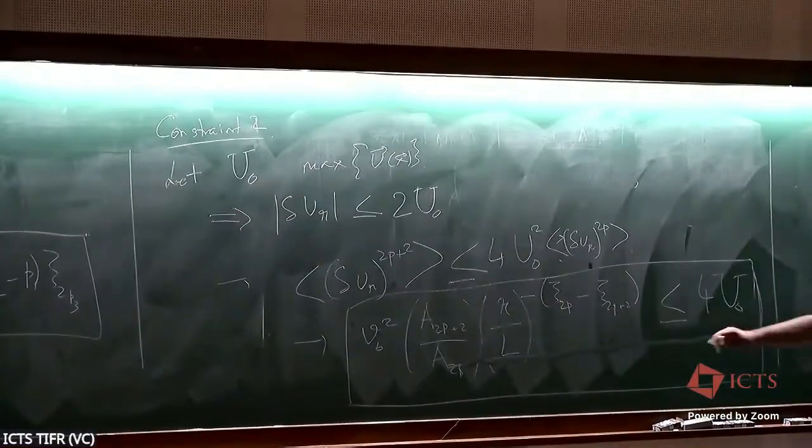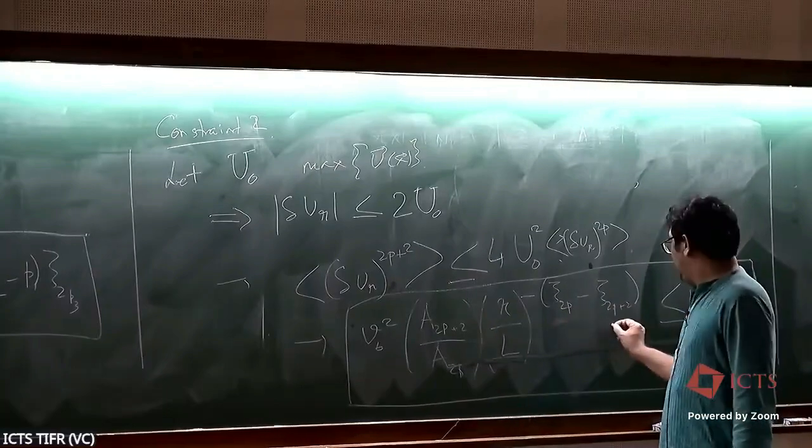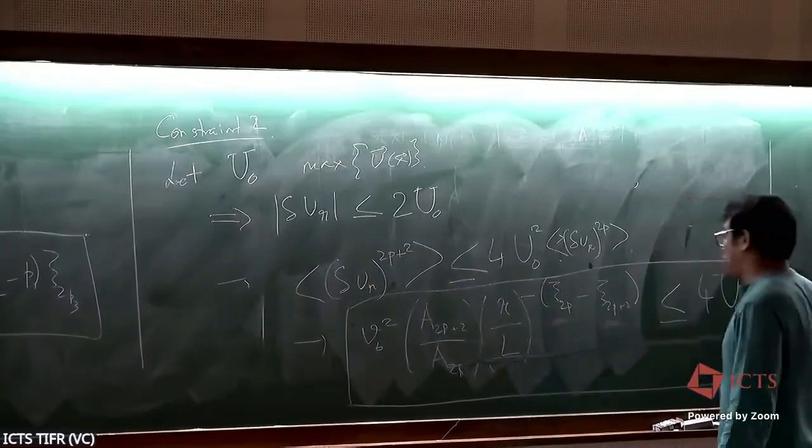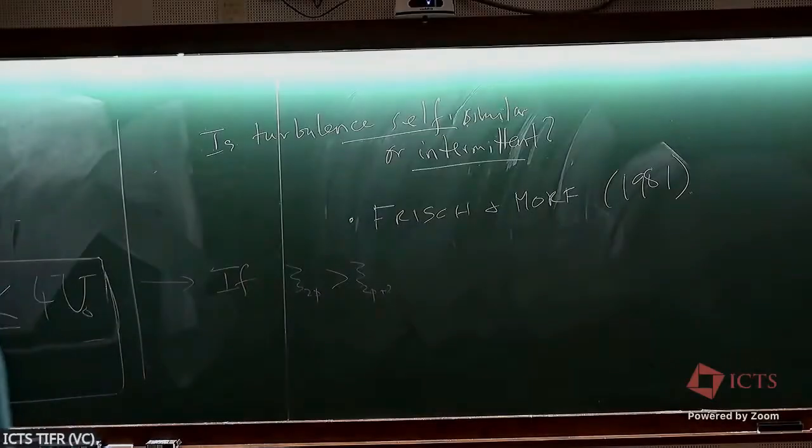Now suppose this term dominated over zeta 2p. So if that was the case, then this little combination will be what? This little combination will give me a positive number, right? 4 minus 3, 2 minus 1.7, something like that, correct?